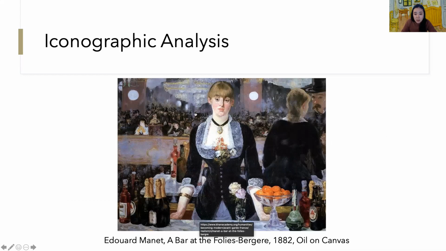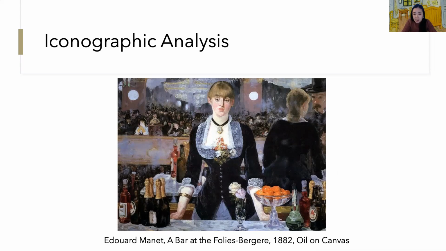And we can see the background is actually a mirror, reflecting the view in front of her. This is by another Impressionist artist, Edouard Manet. Manet's painting, A Bar at the Folies Bergère, 1882.